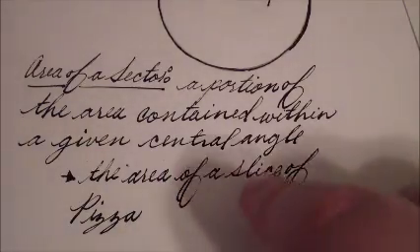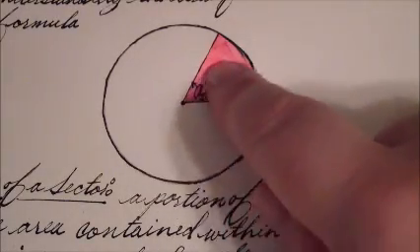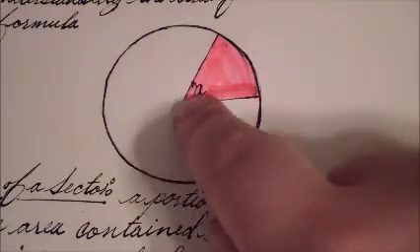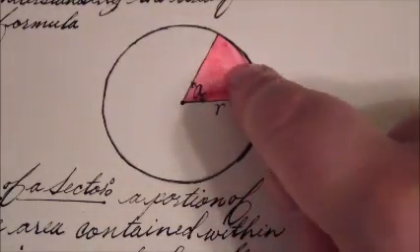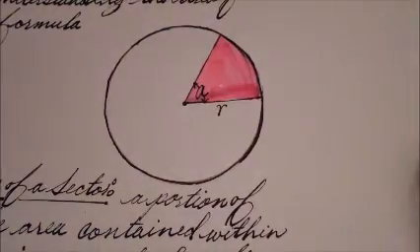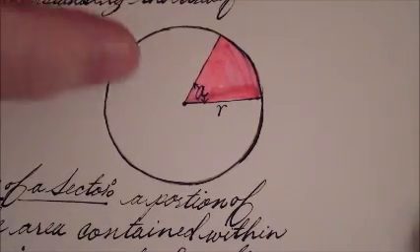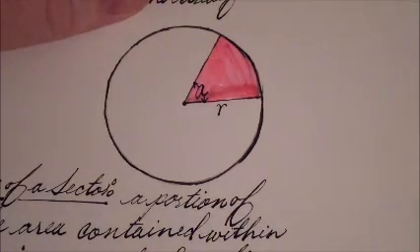Okay, so given a circle, we actually have this region right here. This is the central angle, this angle, and it's the region contained within it. Okay? All right, so the central angle is just nothing more than an angle that is in the center of the circle.